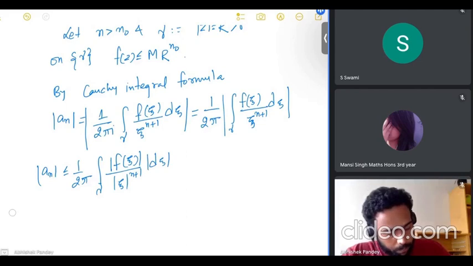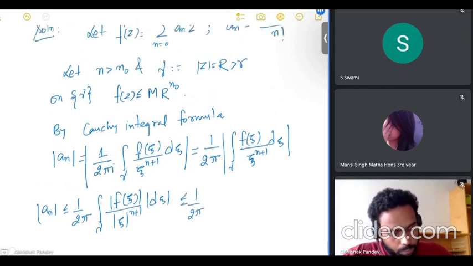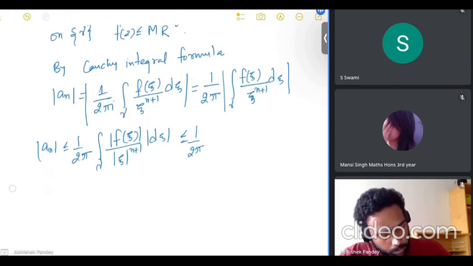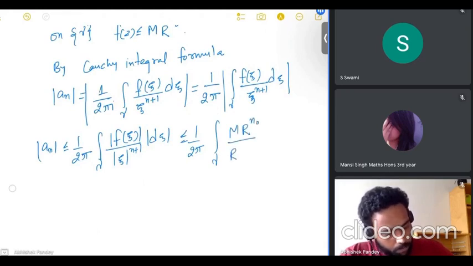Okay, so on gamma, mod psi is r, so this is r to the power n plus 1. So this is 1 upon 2 pi, and mod of f of psi is less than or equal to M r to the power n naught. Okay, so integral over gamma M r to the power n naught upon r to the power n plus 1 d psi.